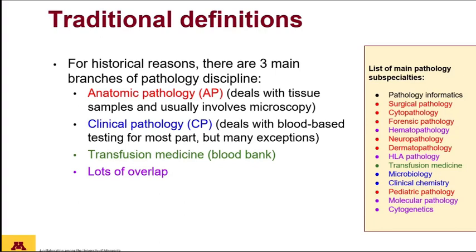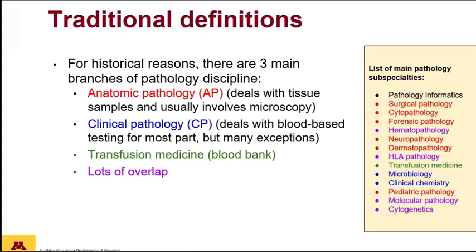Historically, anatomic pathology has dealt with tissue samples obtained by procedures and typically involves microscopy. This tends to be labor intensive, and there are generally a lower volume of anatomic pathology tests performed by a larger number of individuals. And classically, disciplines like surgical pathology, cytopathology, forensic pathology fall into this category.